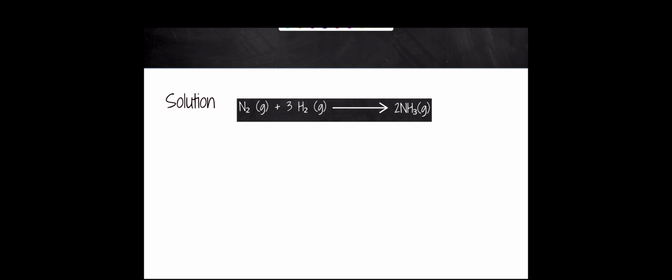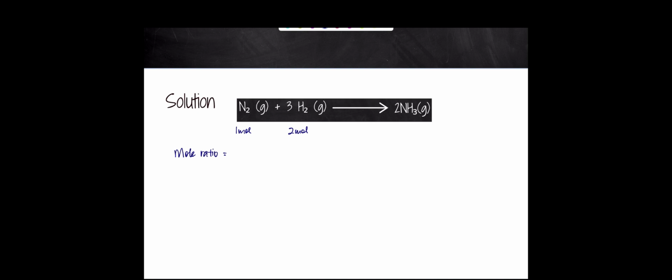We write down the chemical equation and the necessary information underneath the respective elements or compound. 1 mole of nitrogen and 3 moles of hydrogen. Since the amount is already in moles, and that's the right unit for us to proceed with a mole ratio step, we move straight into a mole ratio.